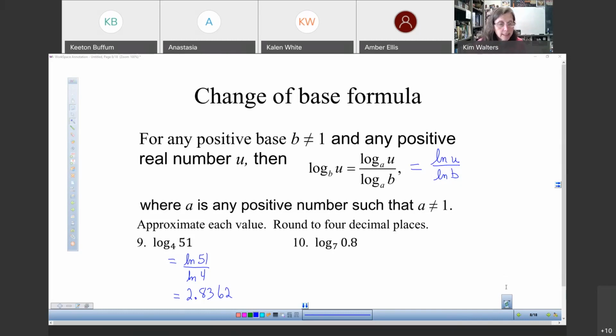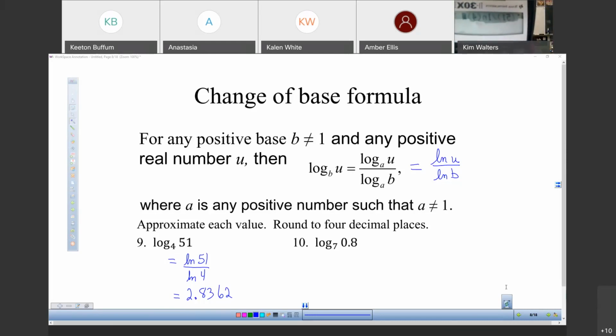Okay, so let's walk through this because I got a couple of people who are stuck on the calculator thing. Make sure that if you're using this calculator, you do the natural log and it's going to give you a parenthesis. So make sure you close that parenthesis behind the natural log of 51 and then divided by the natural log of 4, and make sure you close those parentheses on that.